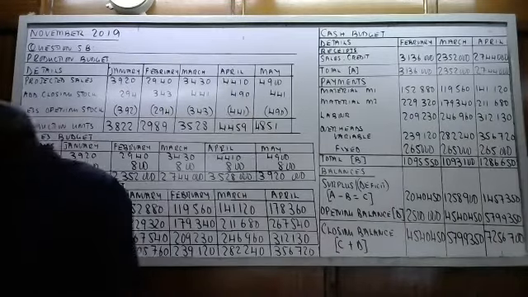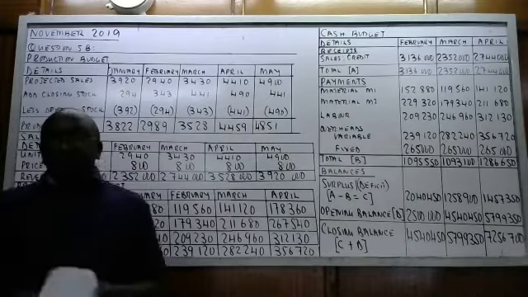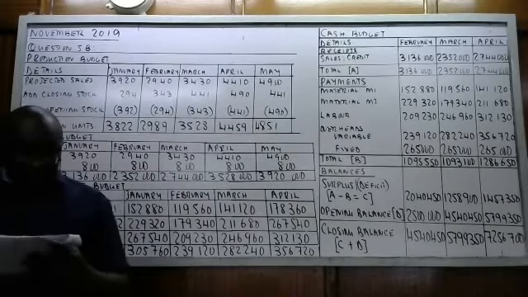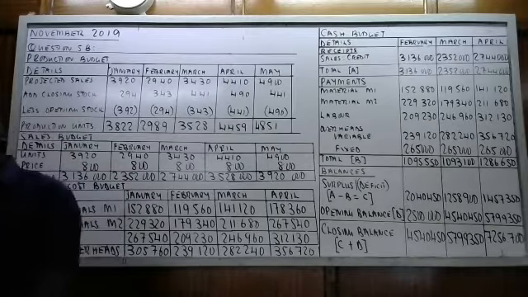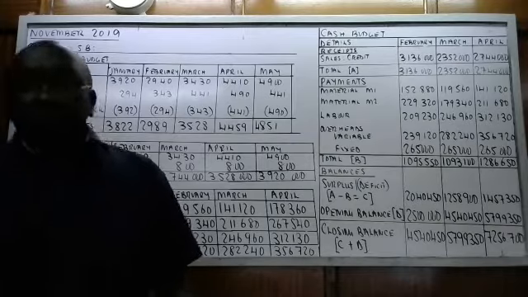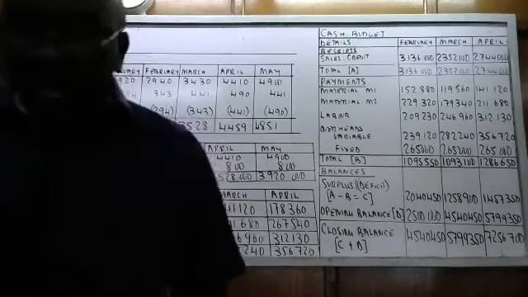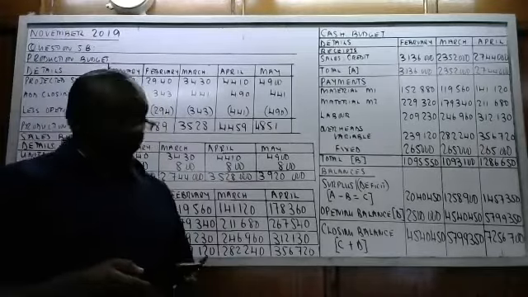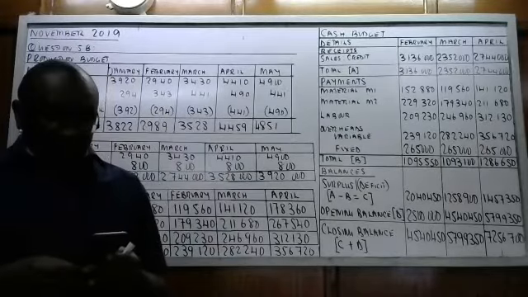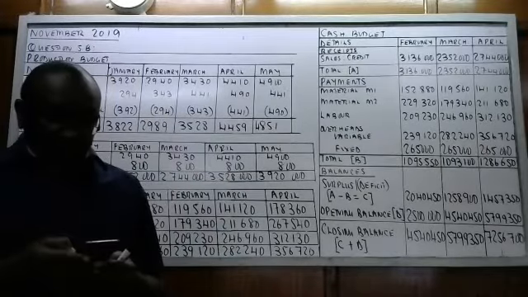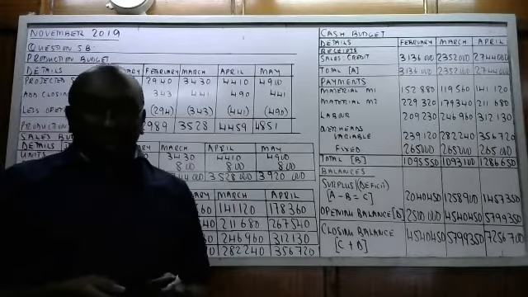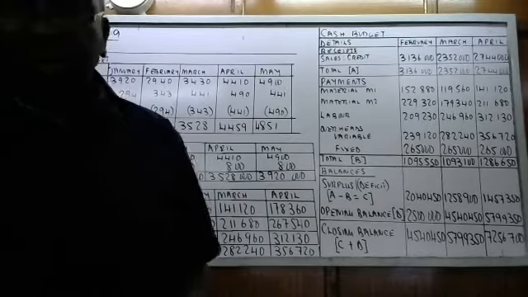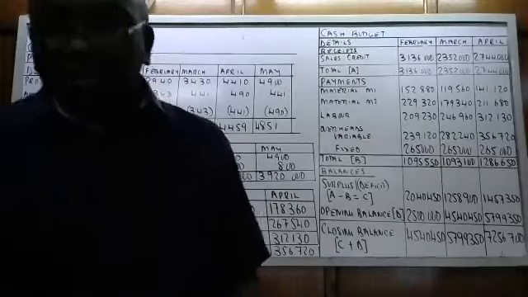That is the cash budget. Are we okay now, Monica? Good. So we can proceed to the next question.